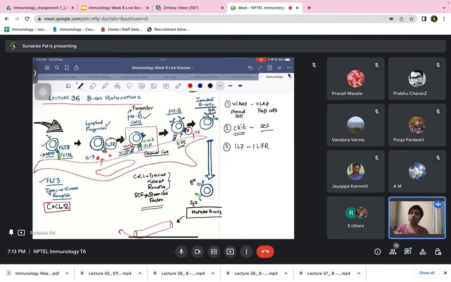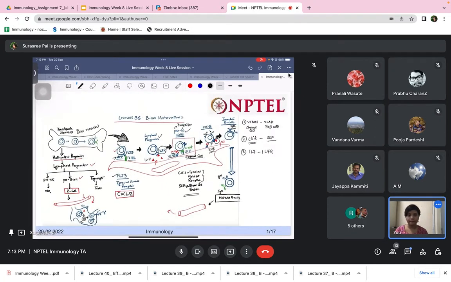Now these immature B cells will again undergo several changes by which they will become mature B cells, and then finally it will enter the bloodstream. Right? So this is the overall process of how the maturation of B cells takes place.